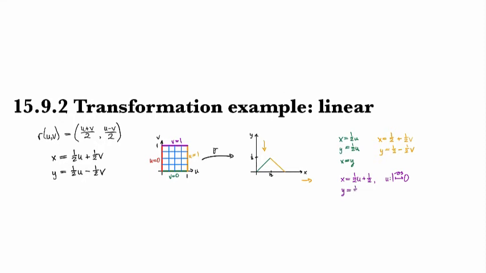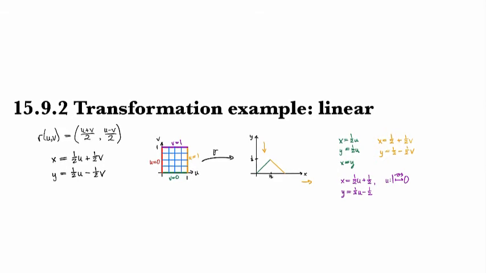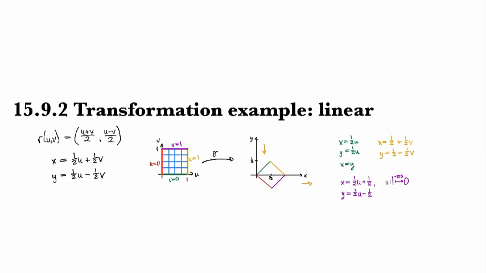Y is going to be 1/2 u minus 1/2. So we're going to come down to here. And then you can see that the last part is going to come back up to here.